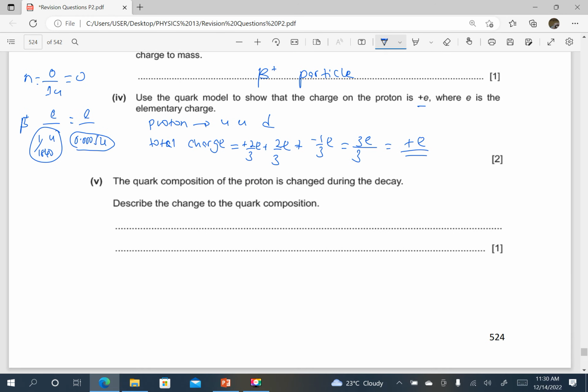So it is a proton, which is up, up, down, changing to up, down, down. So an up quark in the proton changes to a down quark, so it's no longer a proton, it would rather be a neutron.